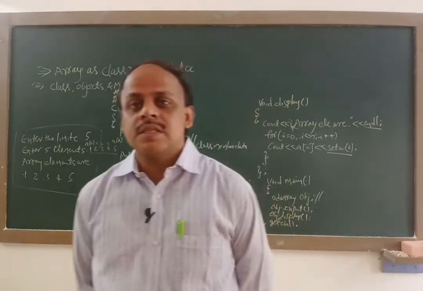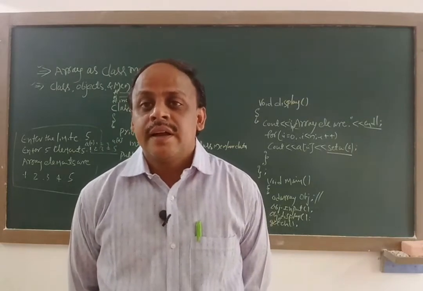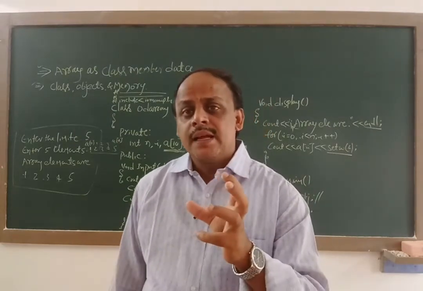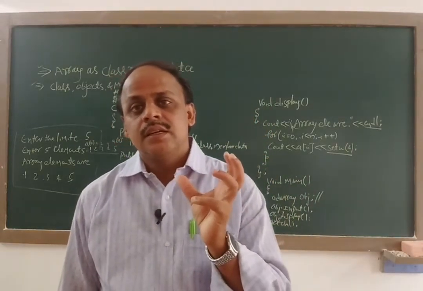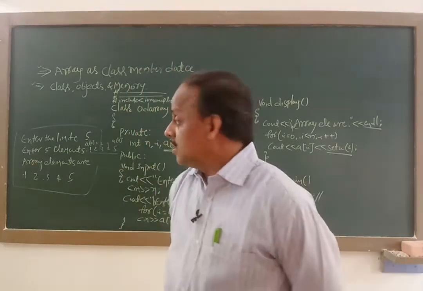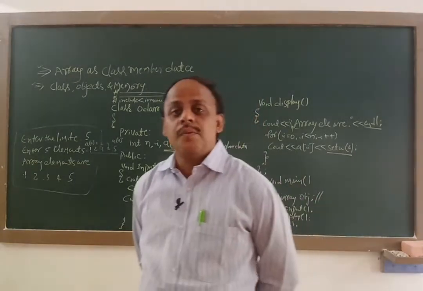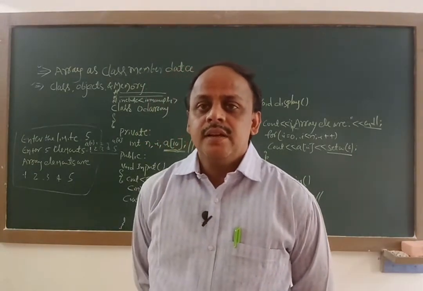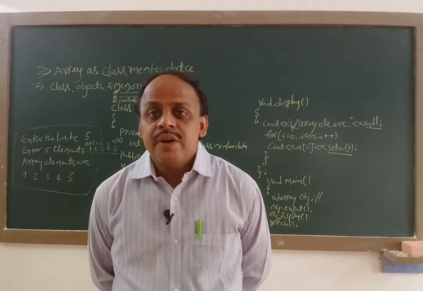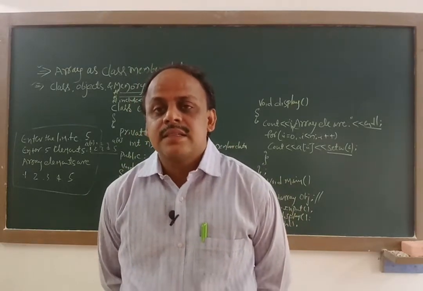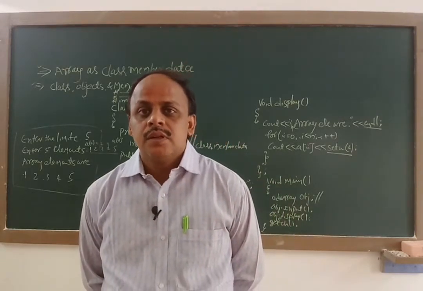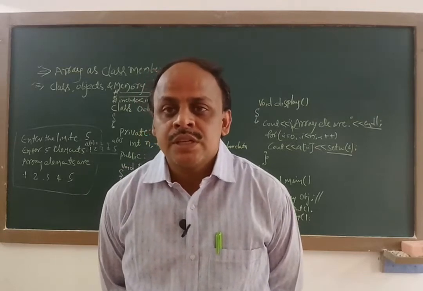Okay, and the next thing is memory. This is a very basic concept we discussed regarding memory, types of memory, in the first year, right? So here let us see what memory is. It is a space in a system to store information, right? So the second topic is class, objects and memory. Here what we are going to observe is that whenever we declare a class with member data as well as member functions, there is no memory allocation.